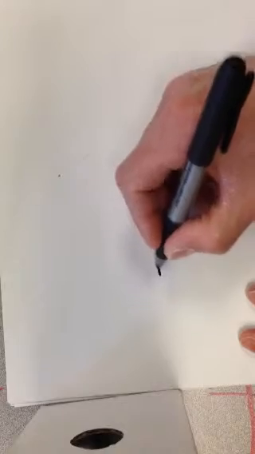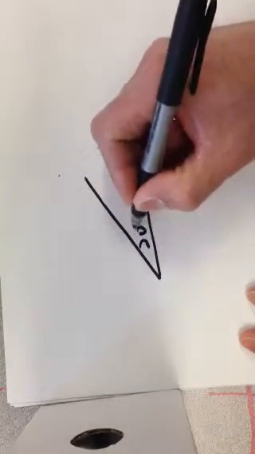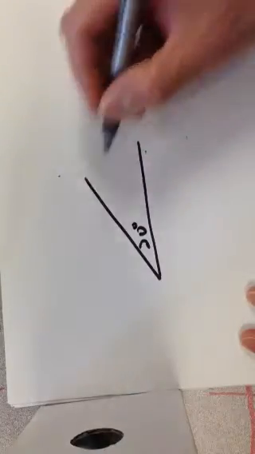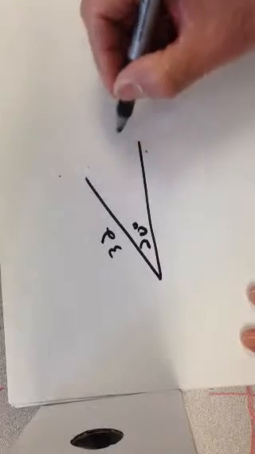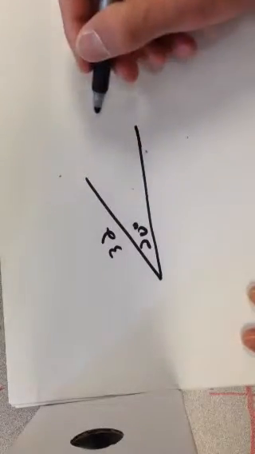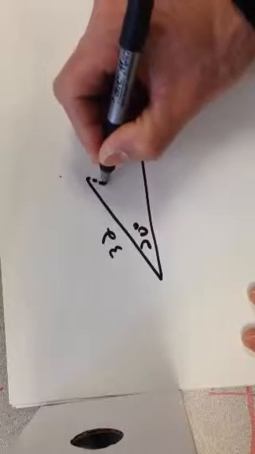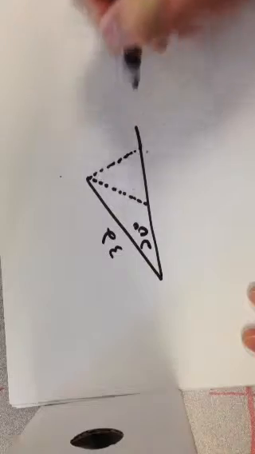So I'm going to draw that out. I'm making this right here 20 degrees. This is 32. And my side length, which is across from the 20 degrees, is 20. Now, I'm drawing it with a dotted line because it could be here or it could be here.